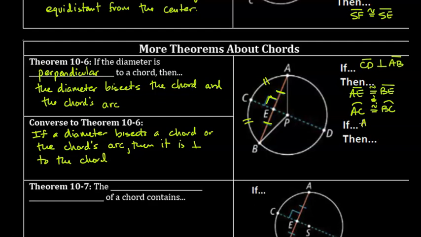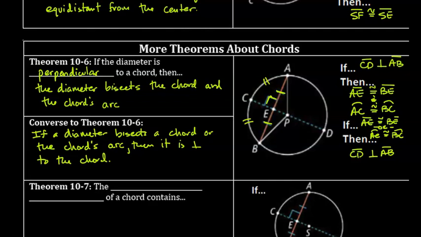So we could say if AE is congruent to BE, or if arc AC and arc BC are congruent, then we would know that that diameter, segment CD, must be perpendicular to the chord AB.